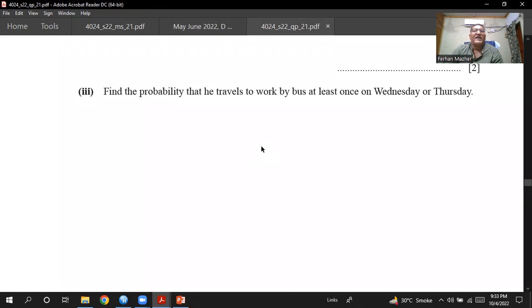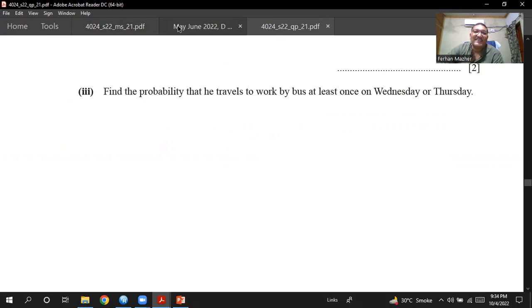Then he says, find the probability that he travels to work by bus at least once on Wednesday or Thursday. So at least once by bus. It means bus, comma, not bus, plus not bus, comma, bus, plus bus, comma, bus.